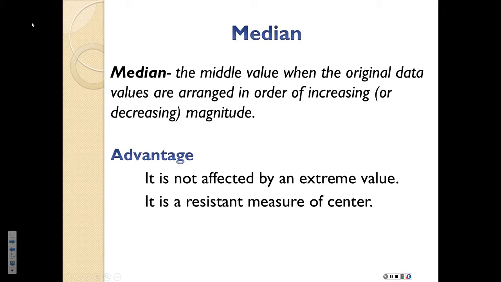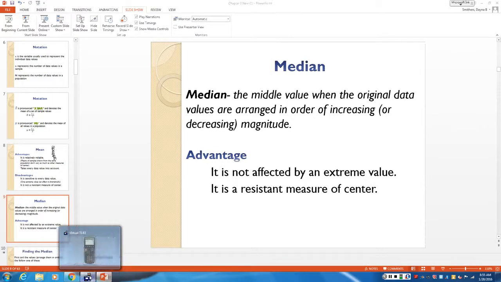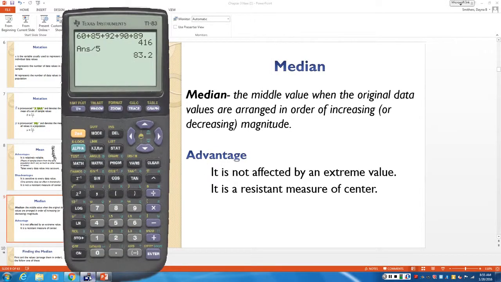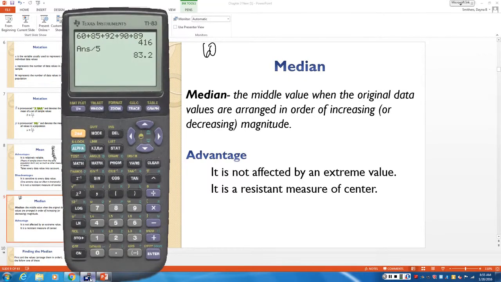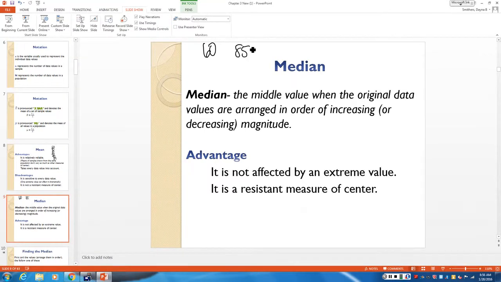Some of the advantages: I'm not worried about extreme values. It's not going to affect my median. Let's look at the test scores we were just looking at. If I put them in order, I would have the 60, then 85, then 89, then 90, then 92.